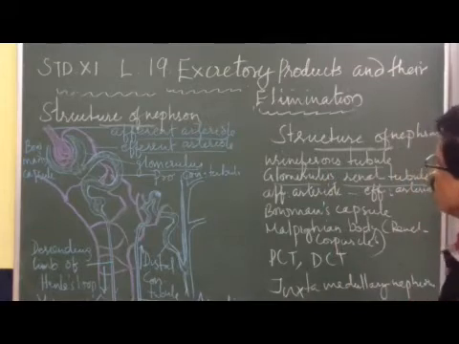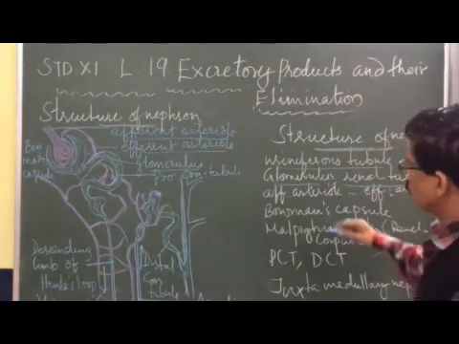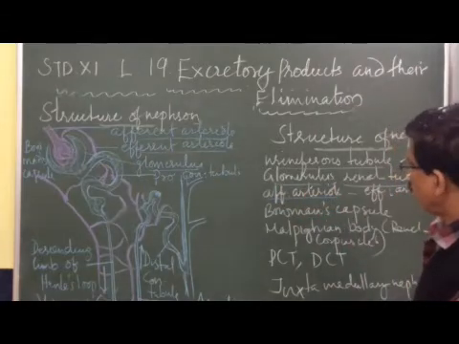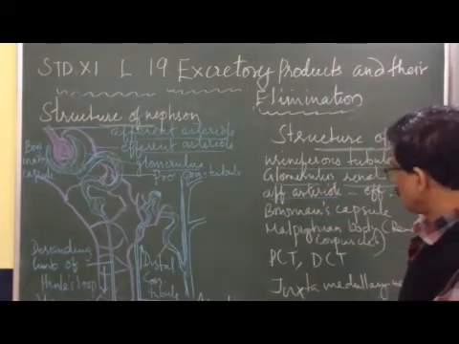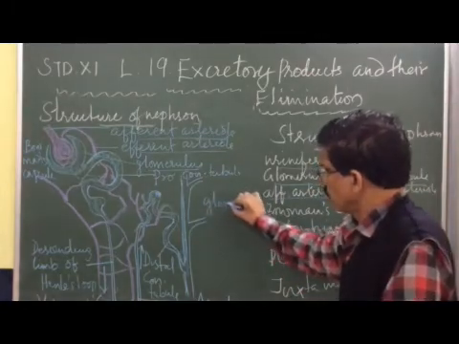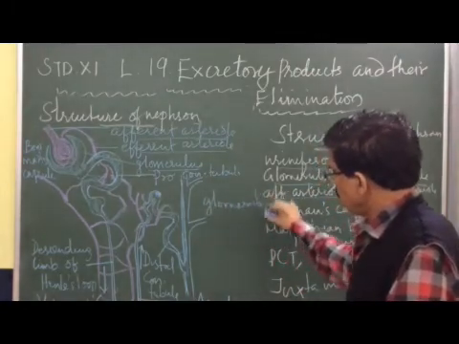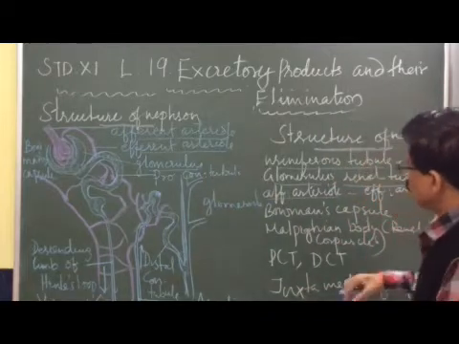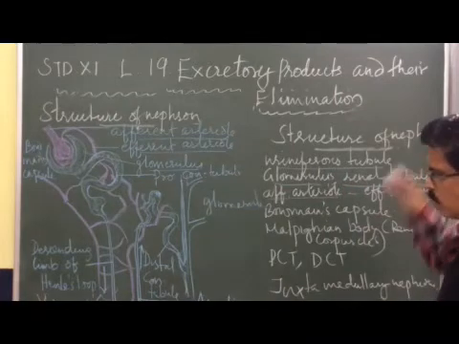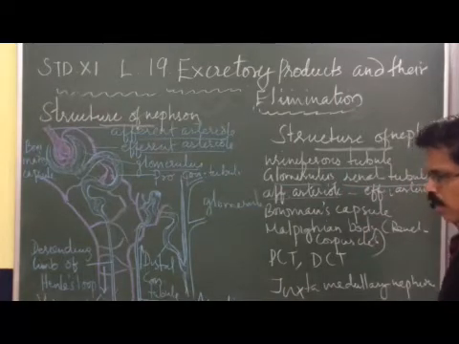The branch of the renal artery entering into the Bowman's capsule is called afferent arteriole and forms the tuft of capillaries. Tuft of capillaries is called the glomerulus. And after forming the glomerulus, the arteriole comes out. That is called efferent arteriole.